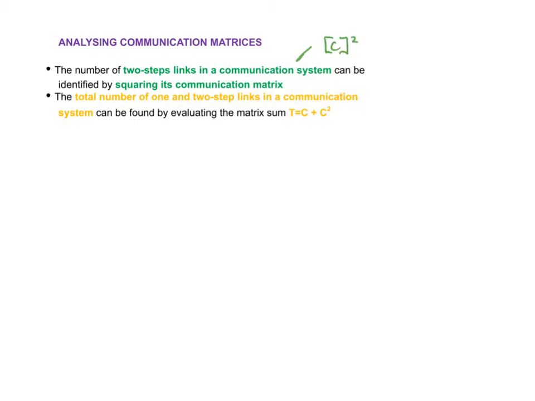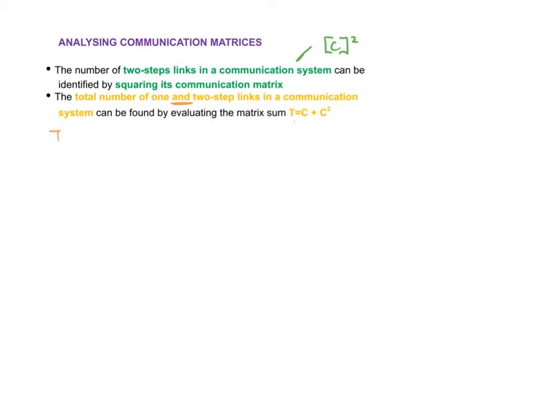If we're asked for the total number of 1 and 2-step communications, you find that by adding them together. The important word here is and: the total number of 1-step and 2-step communications.